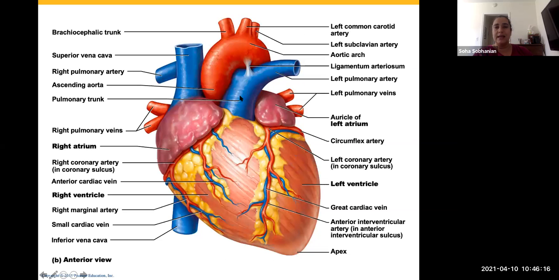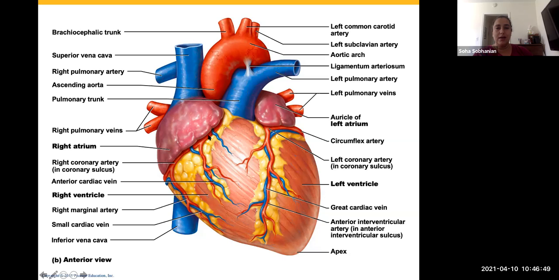Here is again kind of showing you this. In this image, you cannot see the left coronary artery clearly because it's hidden somewhere here. What you can see right here is the branching, which is the circumflex artery right here and the anterior interventricular artery right here. Here is this big one, again running at the emergence point of the right atrium and the right ventricle. That's your right coronary artery.